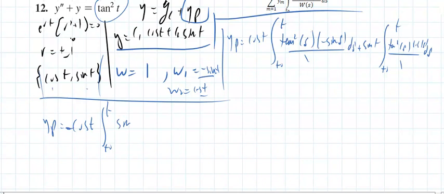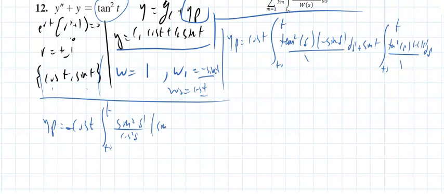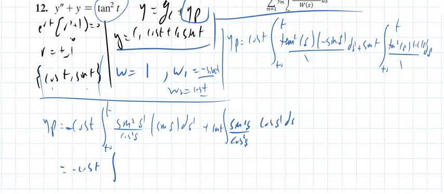So that is the sine squared of s over cosine squared of s times sine of s ds, plus sine of t times tan squared of s times sine squared of s over cosine squared of s times cosine of s ds. That is negative cosine of t times the integral. This is 1 minus cosine squared of s.